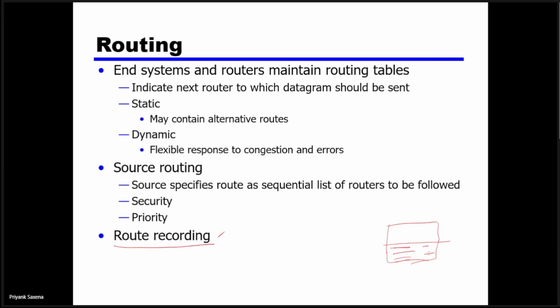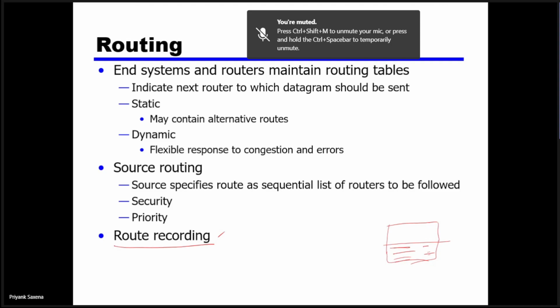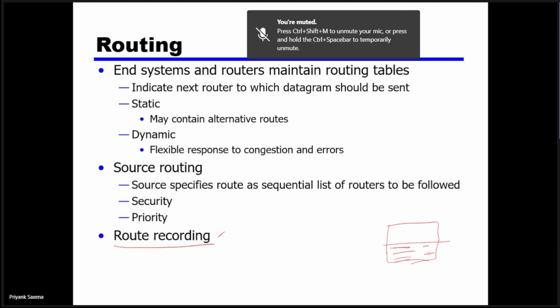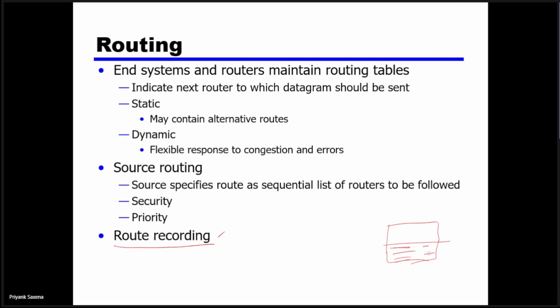From the source to the destination, it sends some reservation frames that collect the information of all the intermediate devices on that path, and once it reaches back to the source itself, it decides which route should be followed. So source routing has a route recording facility, like whether the route can be recorded, which particular route is taken. Source routing is good if you are recording the route, right?